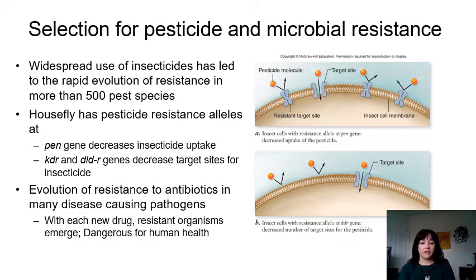In these flies, when they're exposed to a pesticide, that pesticide has to bind to a transporter on the surface of the cell in the body of those flies. If that pesticide can enter into the cell, it's going to kill the cell, and that fly is going to die. All of the flies have the gene for this transporter.